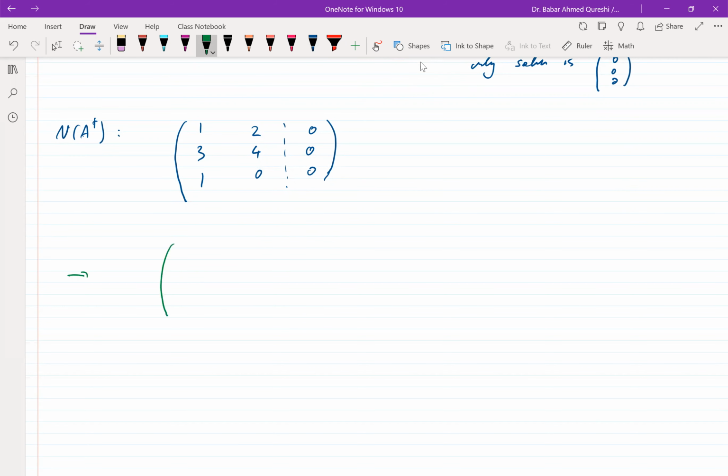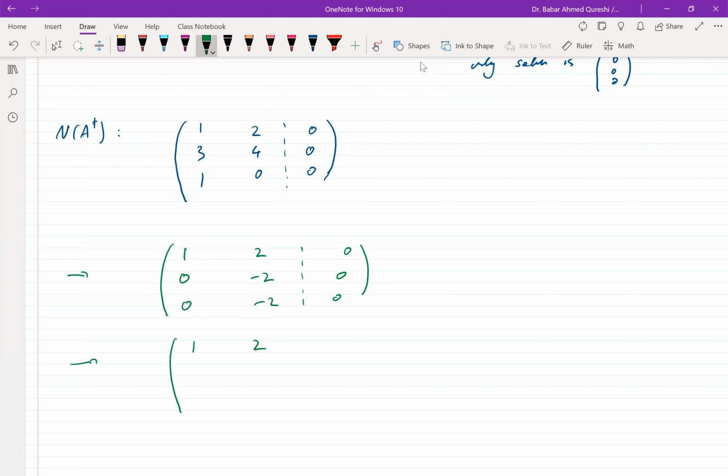When I do that, minus 3 times the row added below, I get 0. Minus 6 plus 4 gives me minus 2. And minus 1 times the first row added over here, minus 2.